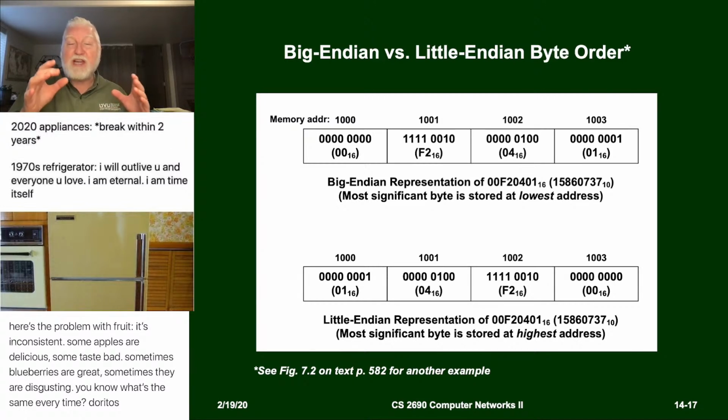If I then just send that value, if I send 00F20401, so I'm a Big-Endian machine, right? And I send it over to an Intel-based machine, and it receives 00F20401, receives it in that order.